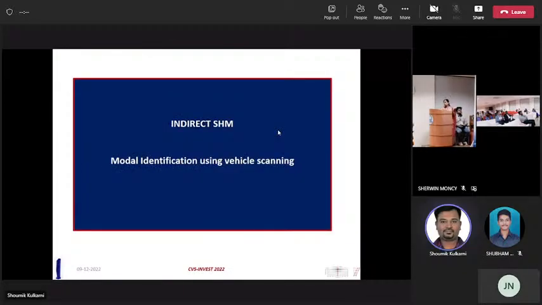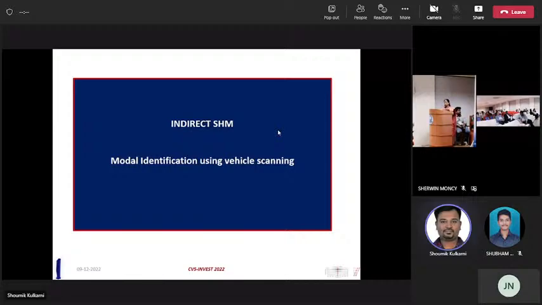That was for the direct SHM, where the sensors have been installed on the structure and the signals are obtained from the structure itself. This is the indirect SHM, for bridges especially, because it uses the vehicle bridge interaction equations to solve the basic dynamic equations.